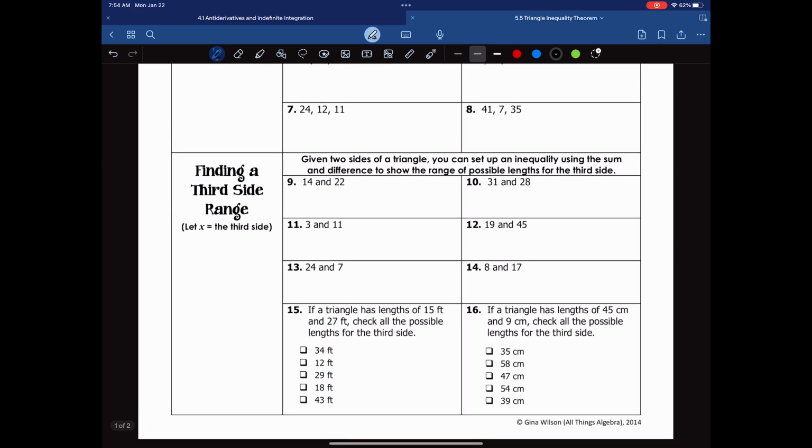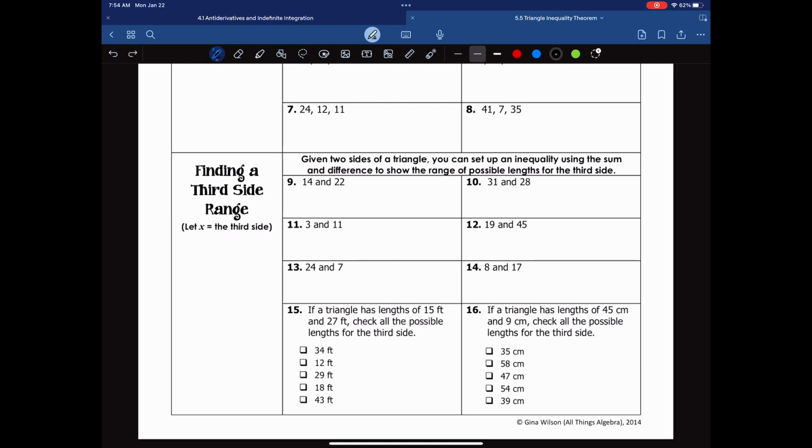If I give you two sides, I might want to know the range of possibilities of a third side that you could give me. So I have these two sides right here, this 14 and this 22. Well, we're going to let x be this third side that we don't know quite yet.